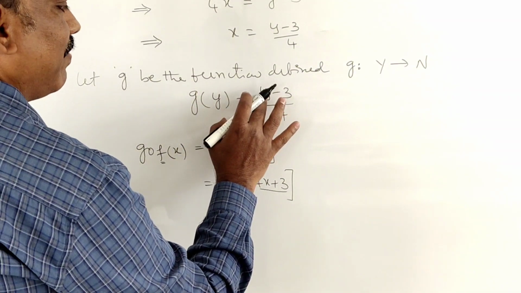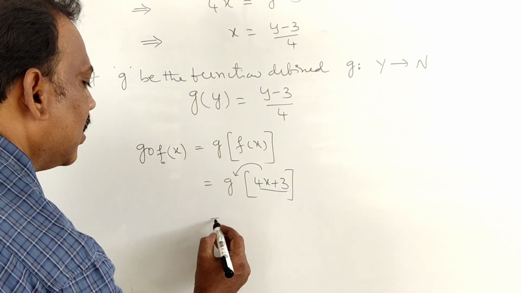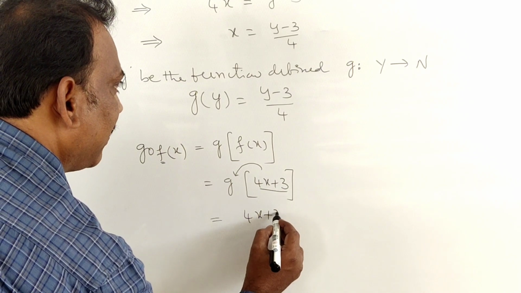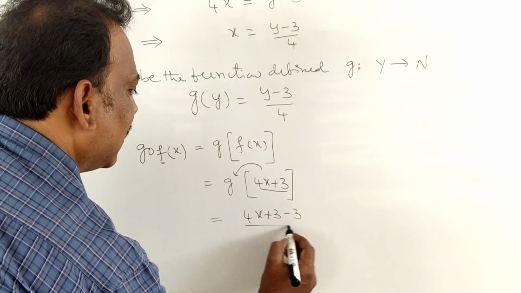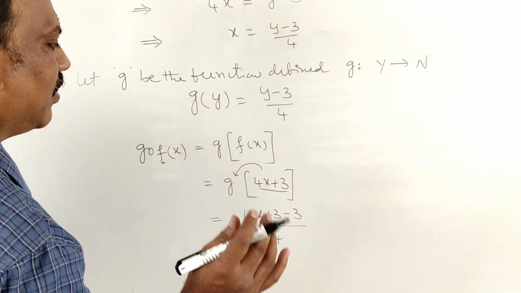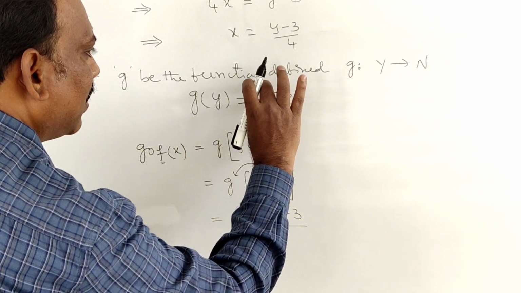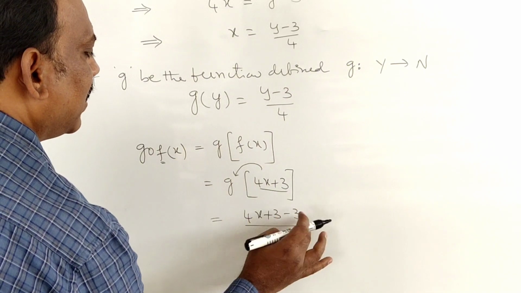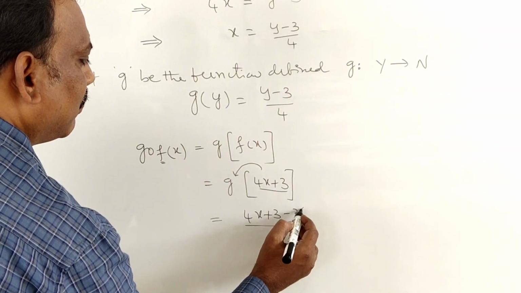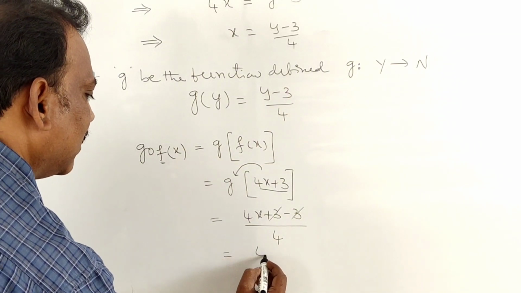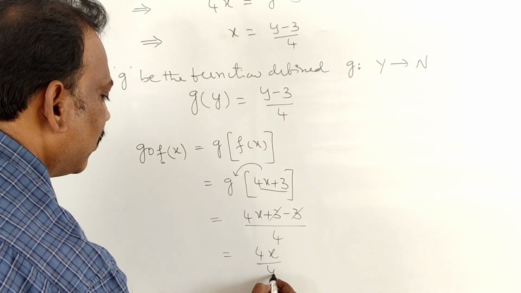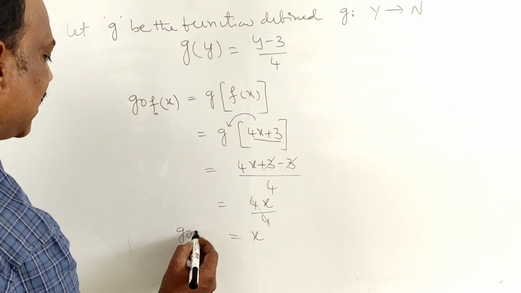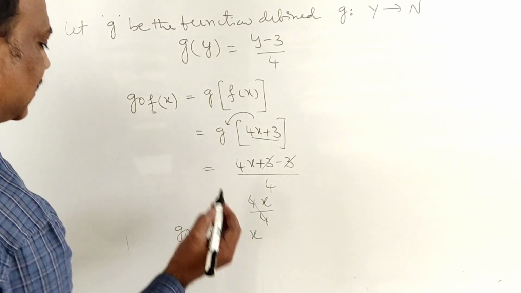Y. So in y's place we replace: there is (4x plus 3 minus 3) upon 4. I think you understood. Then minus 3 and plus 3 get cancelled, 4x by 4 gets cancelled, and we have x. On the left side, g circle f of x.